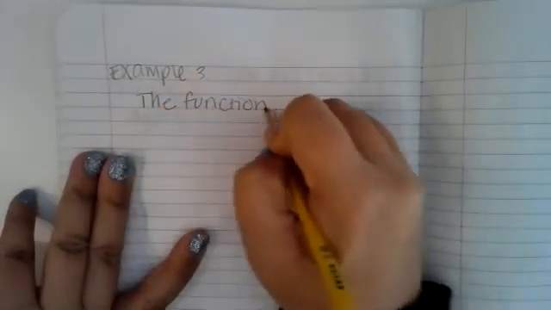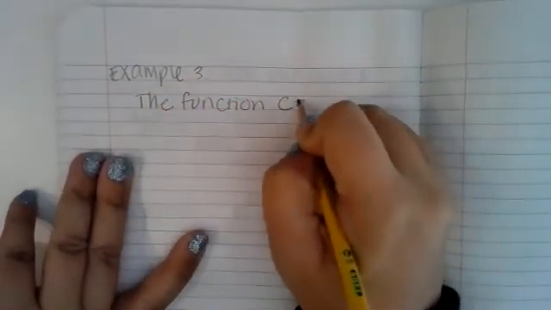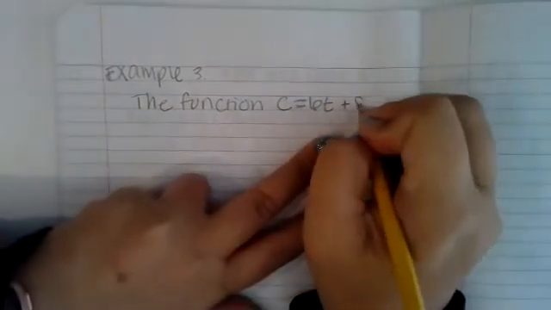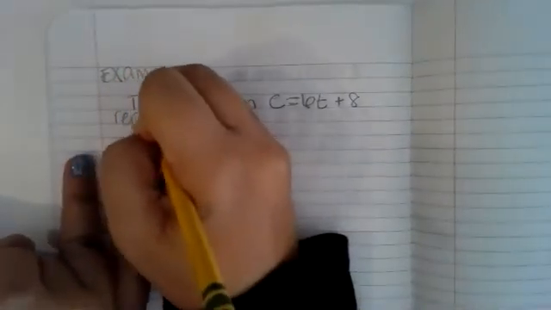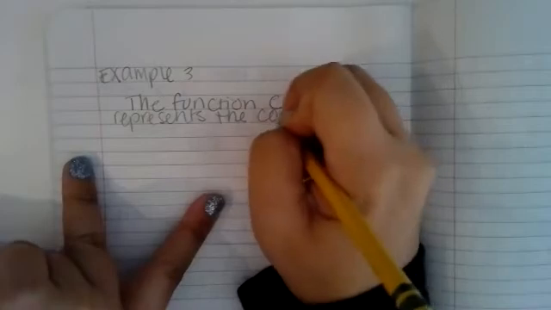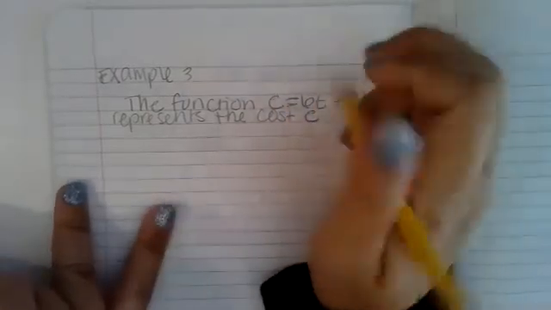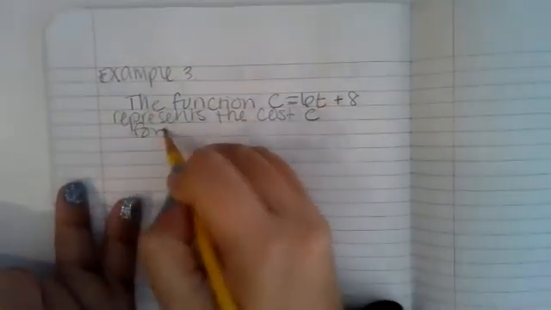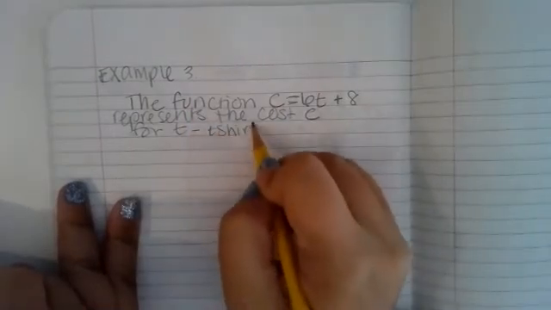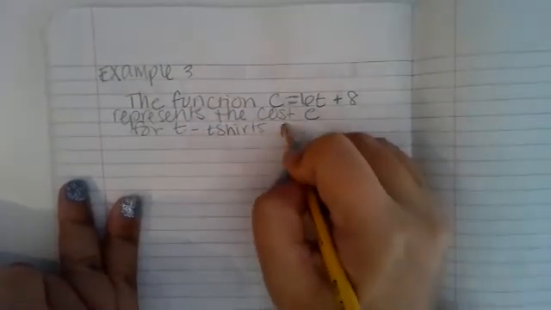This one says the function c equals 6t plus 8 represents the cost C for t-shirts plus shipping.